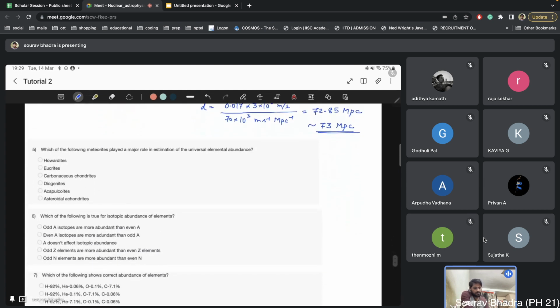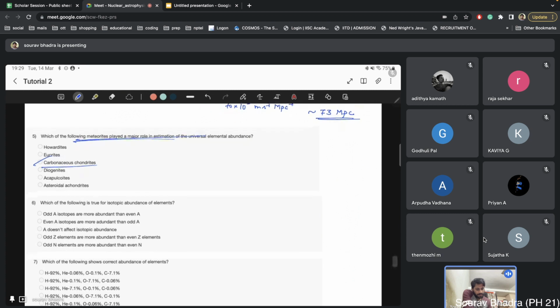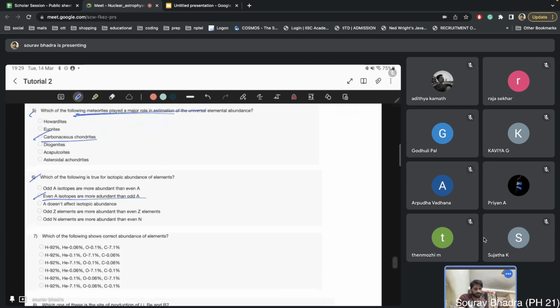Maybe you can just go through. Okay, so this was another question from the theory, which meteorite played a major role. That is, I think, carbonaceous chondrite. And which of the following is true for isotopic abundance of elements? That is, even A isotopes are more abundant than odd A. This is the stability of the nucleus coming from different types of models which have been suggested.